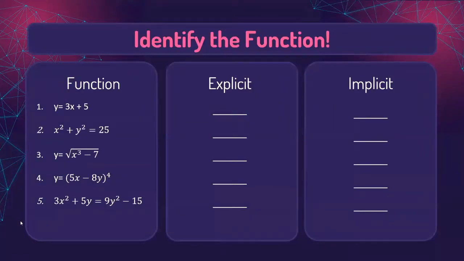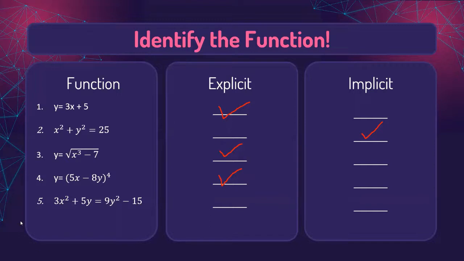So here, let us first identify the function. y = 3x + 5 is an explicit function. x squared + y squared = 25 is an implicit function. y = the square root of x cubed - 7 is an example of an explicit function. y = the quantity (5x - 8) raised to 4 is also an example of an explicit function.